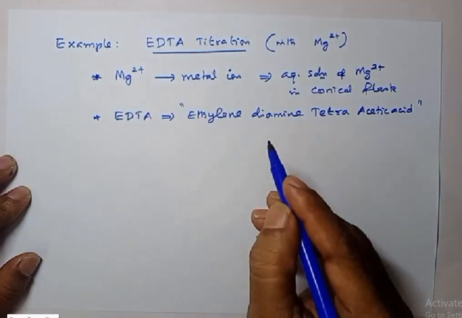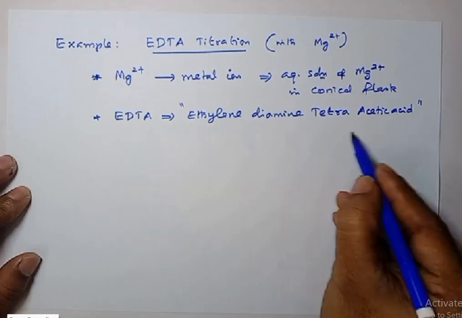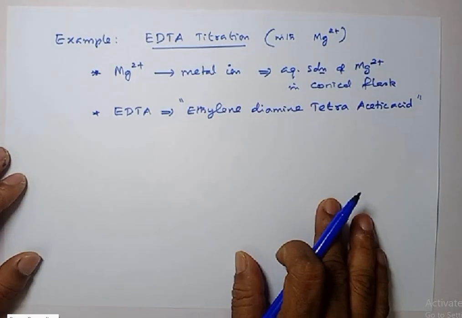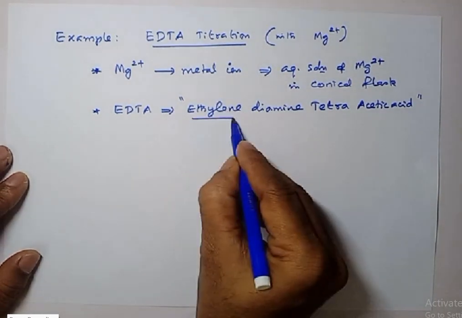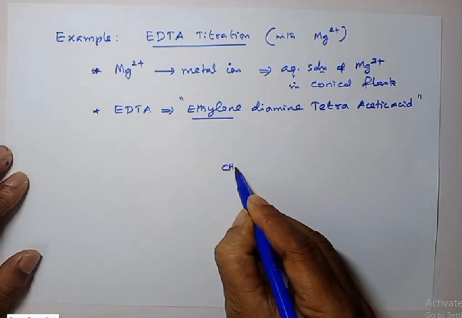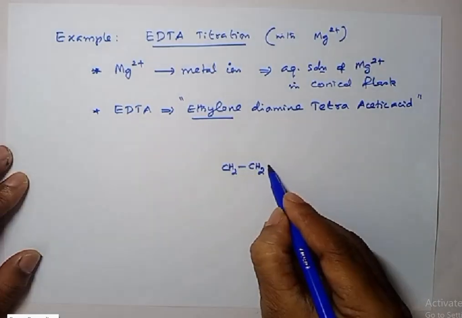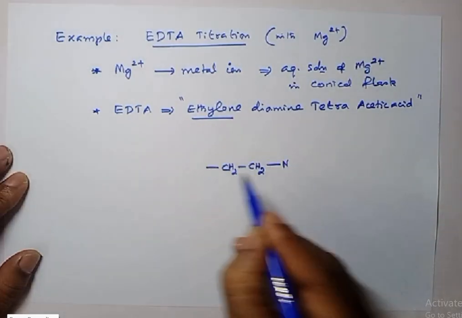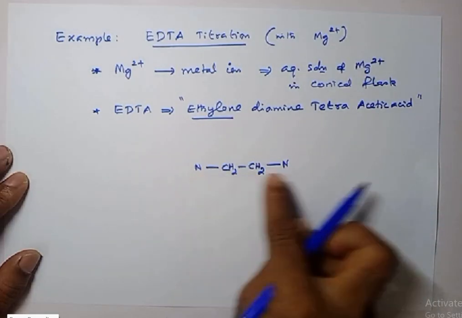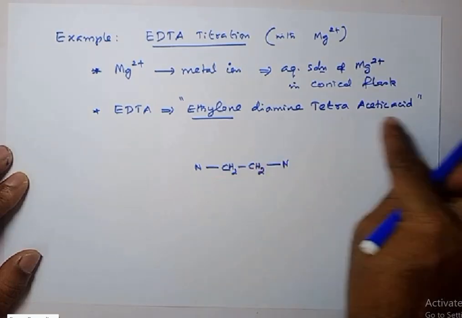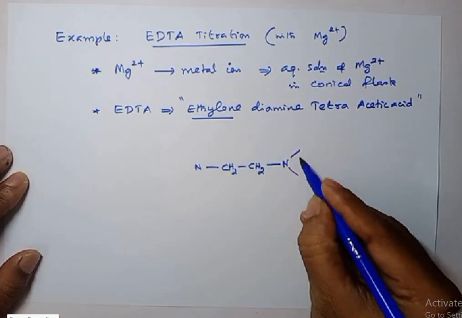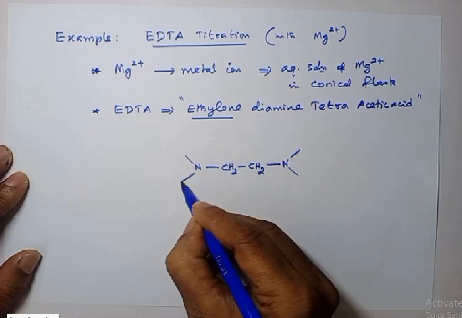What is the structure of EDTA? First I'll give you the structure, then I'll explain. This is an ethylene unit, so I'll take 2 CH2 groups, ethylene unit, diamine. There are two nitrogens attached, one to each carbon. Tetraacetic acid: 2 acetic acid units on this nitrogen, 2 acetic acid units on this nitrogen.